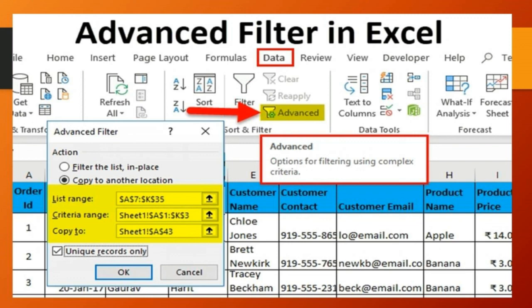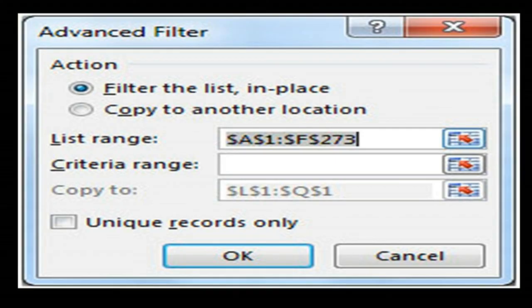To perform filtering, click on the Advanced button from the Sort and Filter group of the Data tab. The Advanced Filter dialog box opens as shown. The Advanced Filter dialog box consists of action, list range, criteria range, etc. The list range is the entire database, while the criteria range is the cells containing criteria.